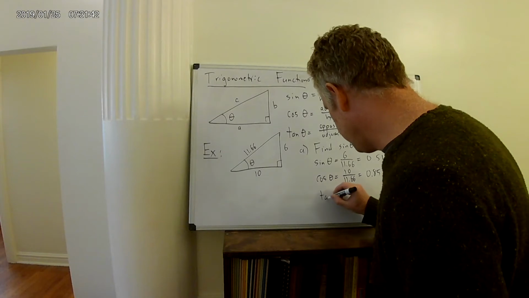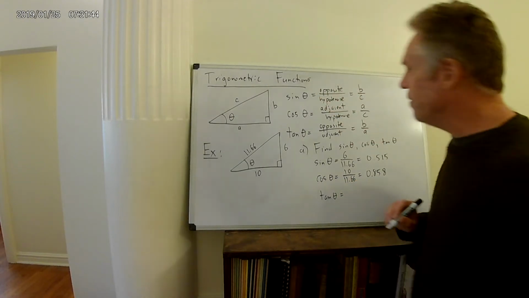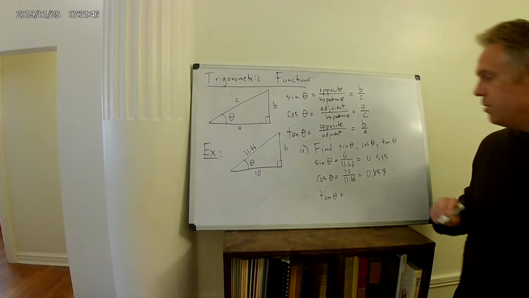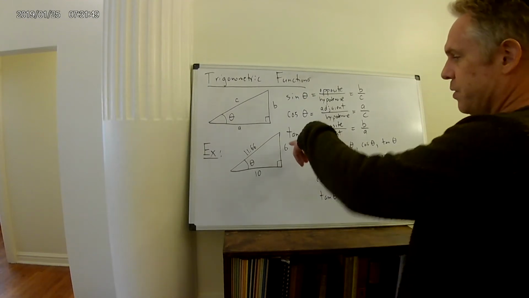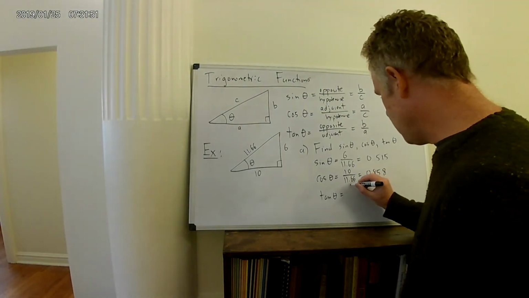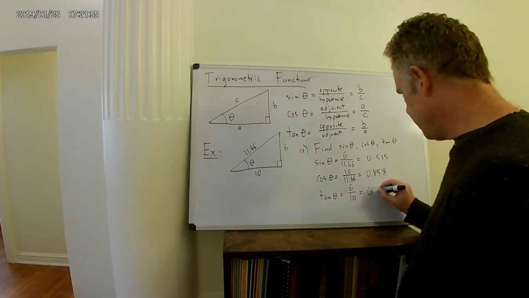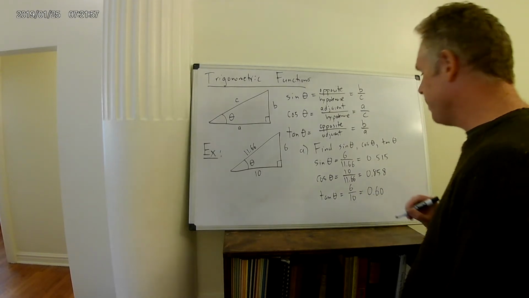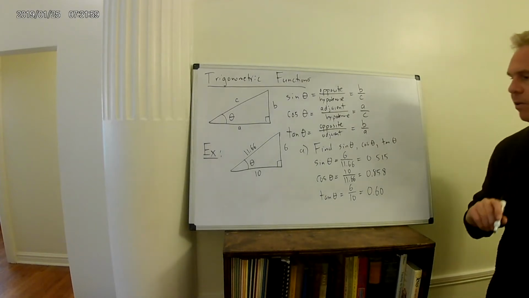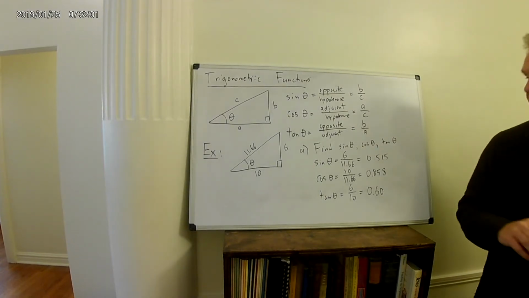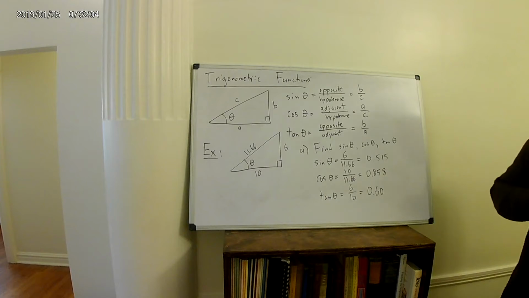And then finally, I can find the tangent of this angle. Tangent is equal to the opposite over the adjacent side. So the tangent comes out to 6 over 10, and that's exactly 0.60. So now I've found the sine, cosine, and tangent of this angle.